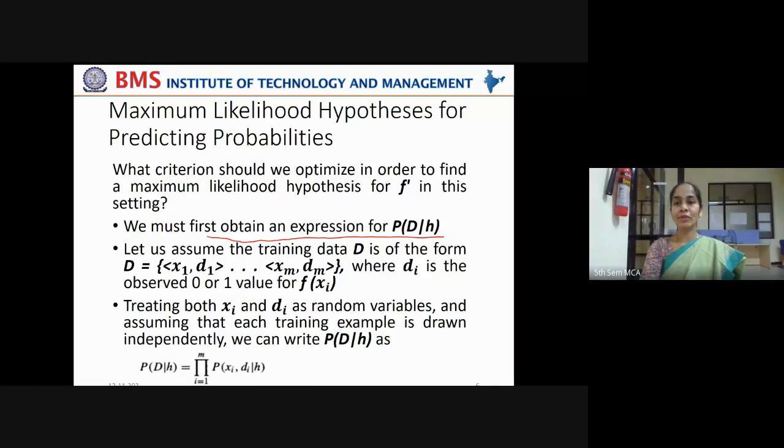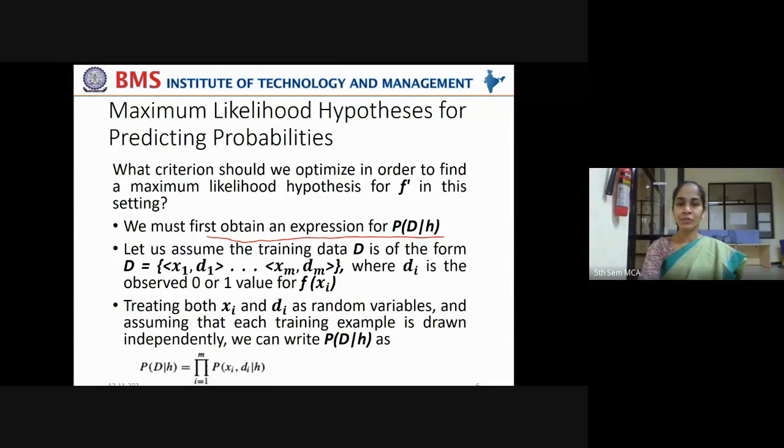It is the probability of observing certain training examples, observing certain patients' data, given the hypothesis that 92% survive and 8% do not survive. Now you take a new data point. Is it in accordance with the hypothesis that is made? That is the probability of D given h.